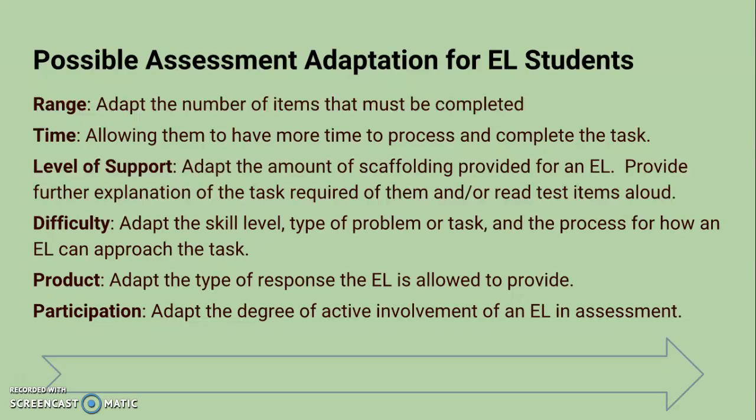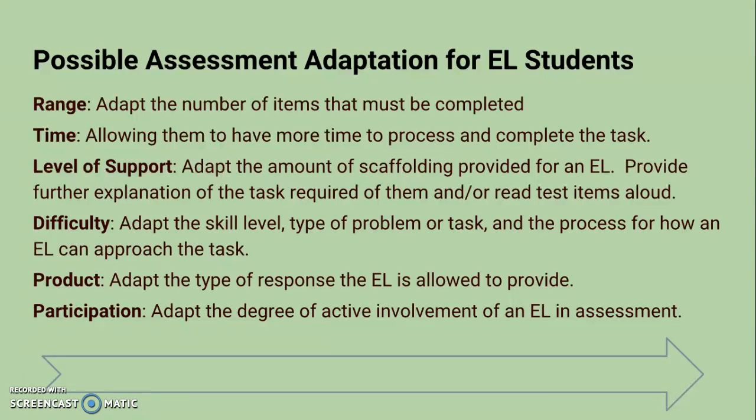For example, some students may go off and work on their own during writing. Some may be guided through writing in a small group rotation. Some may need further explanation of the tasks or test items read aloud to them. You can also differentiate by the skill level and difficulty of the task. This will depend on students' background knowledge, their prior schooling experiences, and sometimes their ELP level.